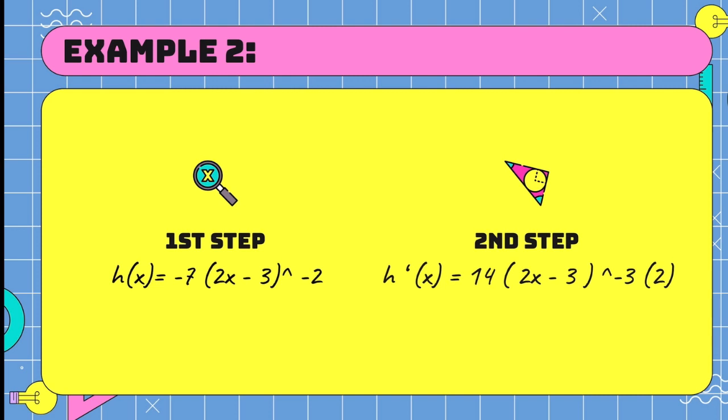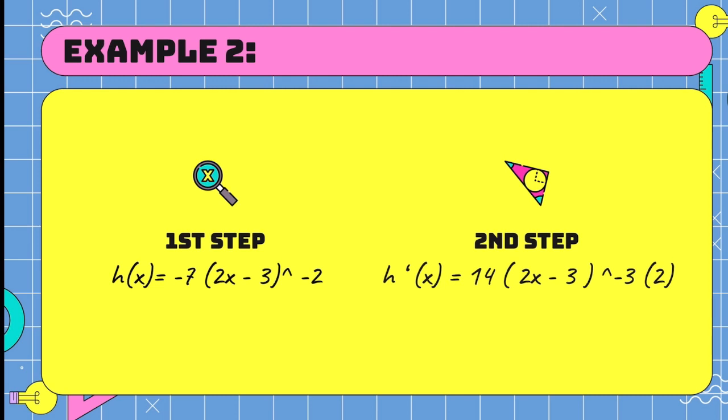And the second step is we'll apply the chain rule. So for the second step, we'll just apply the chain rule normally. So h prime of x is equal to negative 2 times 7, which is negative 14, hmm wait, I mean with the negative it was negative 7, so negative 2 times negative 7 is 14, because negative and negative is equal to positive.